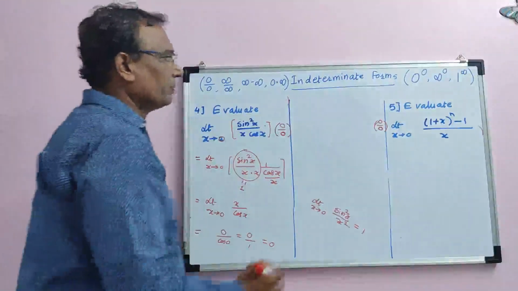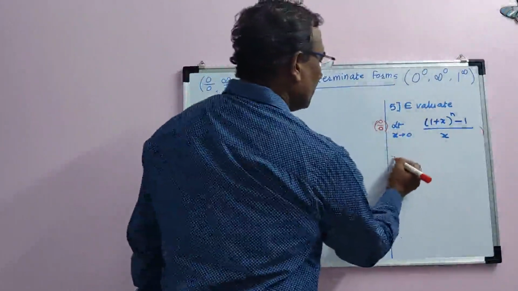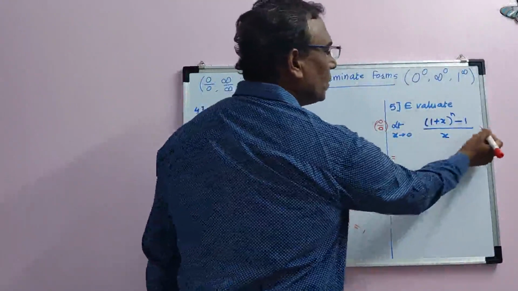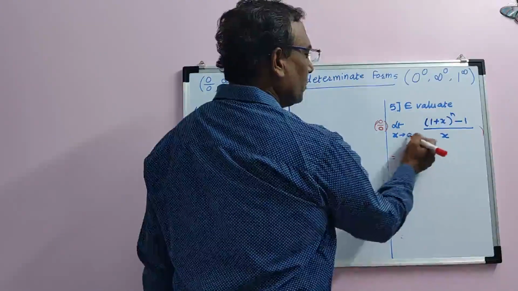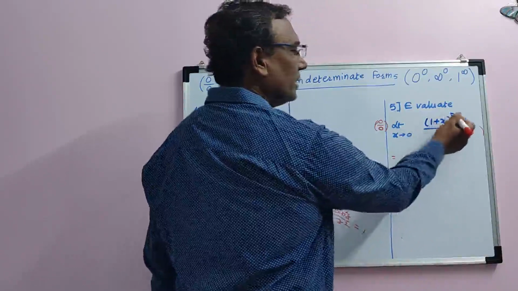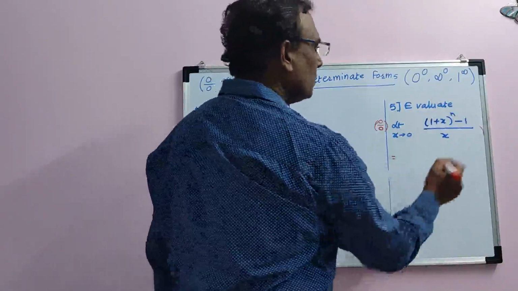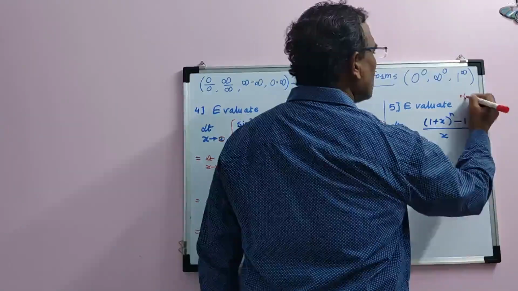Right. Now, the fifth problem. Put x equal to 0, the denominator is 0. If you put x equal to 0, 1 raised to n is 1 and 1 minus 1 is 0. Here n is a positive integer.